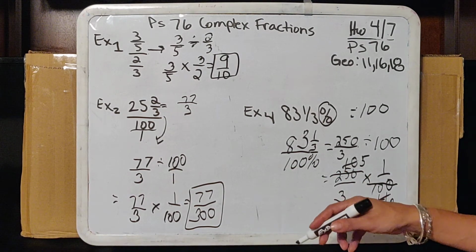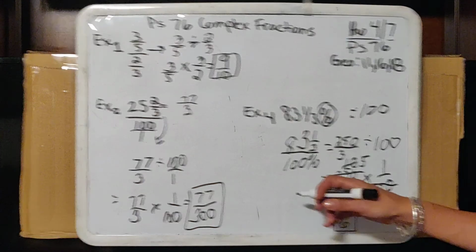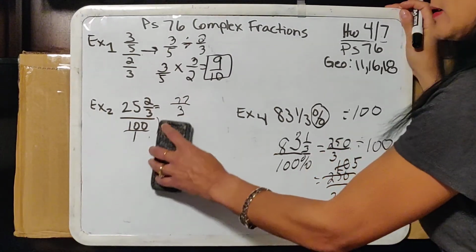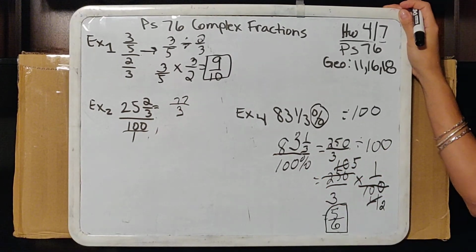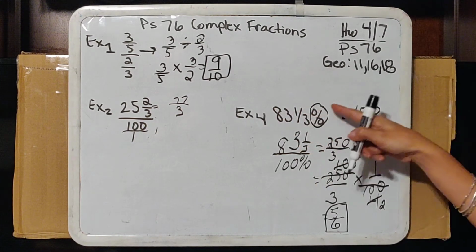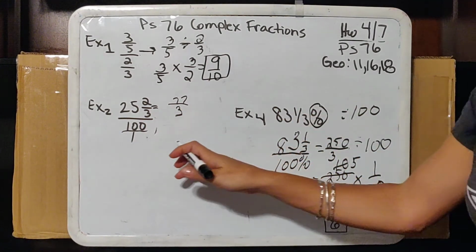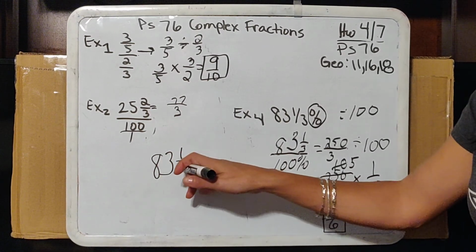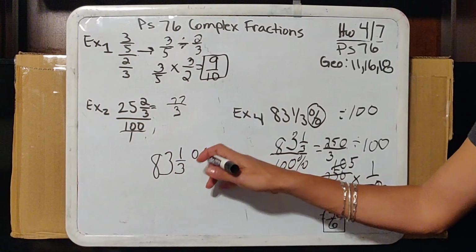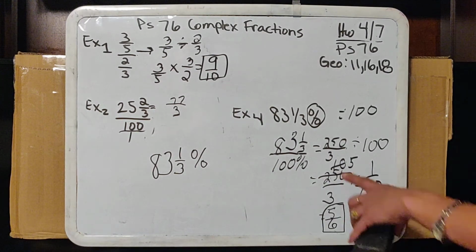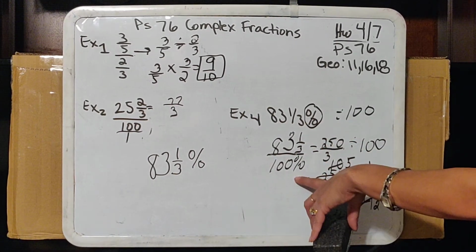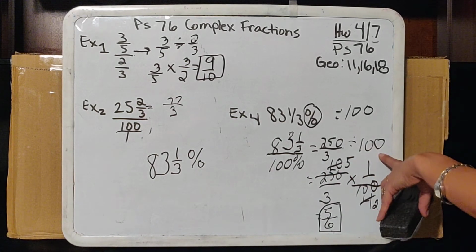Now, on a side note, I wanted to point out something here. Normally, when you write 83 1/3% as a decimal, this is what I have shown you guys up until this point, and I told you that there would be a time when I would teach you the right way to do this. But recall over here where I said 83 1/3% can be written over 100, and then you're dividing by 100.